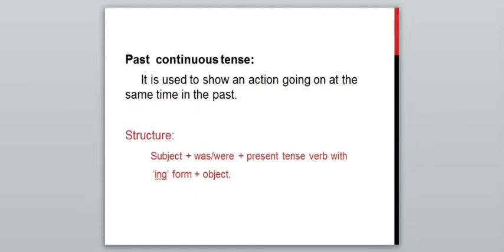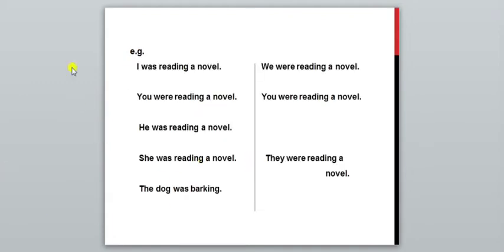Let's move to the chart. See, I was reading a novel. I is the subject. Was is the helping verb, means auxiliary verb. Reading, ing form of the present tense verb, a novel. We were reading a novel.